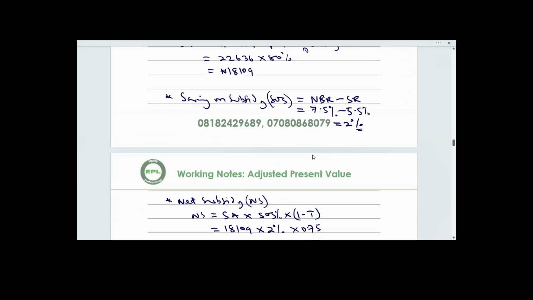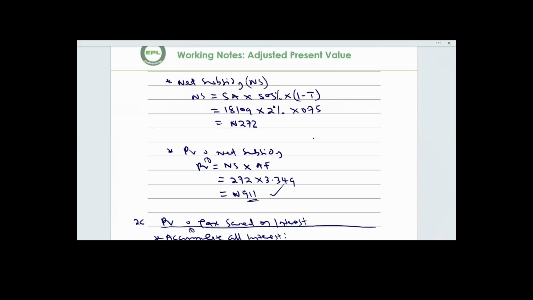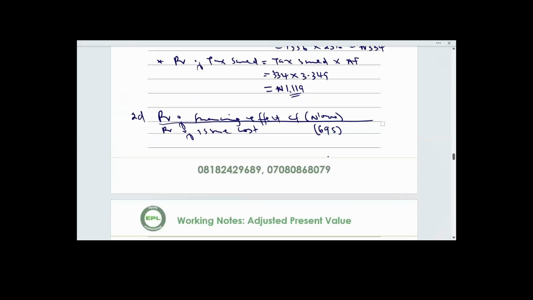Then the PV of net subsidy is 911. Then the PV of tax saved on interest is 1,119.